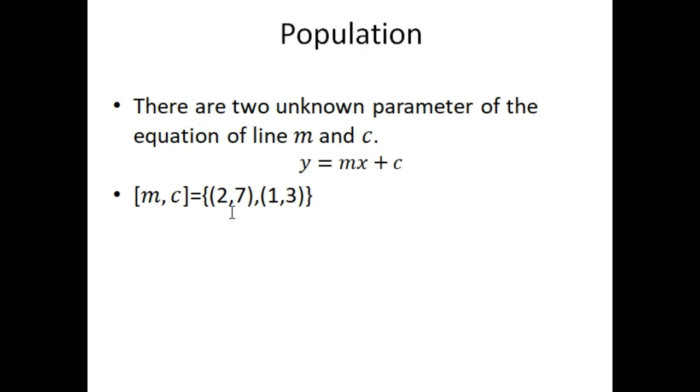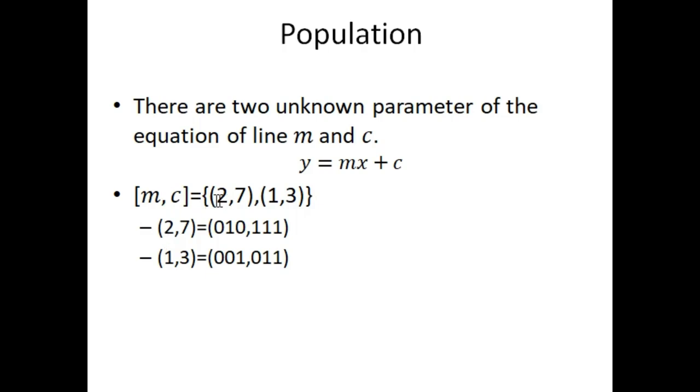You might be thinking that the chromosomes have gene values, which are a string of bits. But the chromosome of m and c is 2 and 7, so we can represent these values in the form of a chromosome. Just look at this slide.